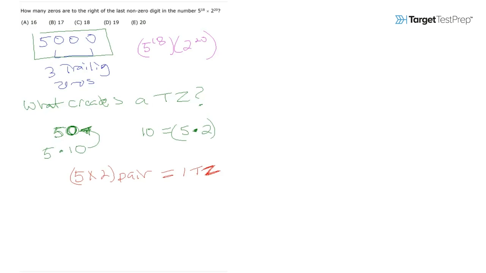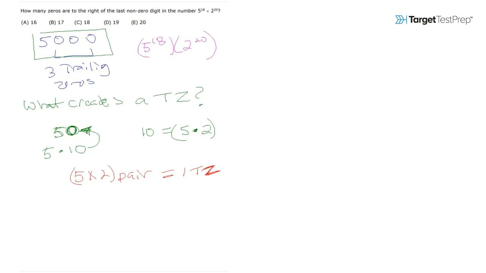In other words, to get a trailing zero, you need to have one 5 by 2 pair. You can have a million 5s and no 2s and not have a trailing zero, or you could have a billion 2s and no 5s and not have a trailing zero. But if you have just one 2 and just one 5, you're going to get a trailing zero. Okay, so we can look back at the question.